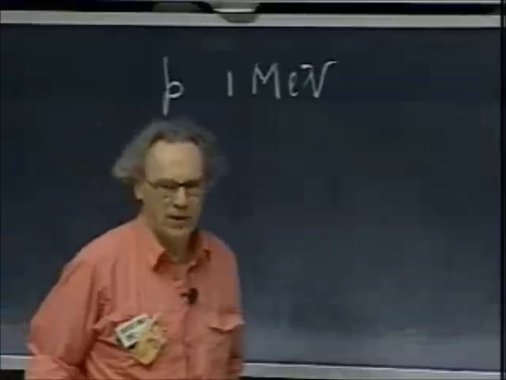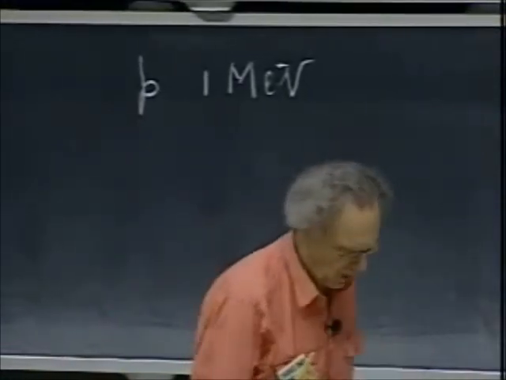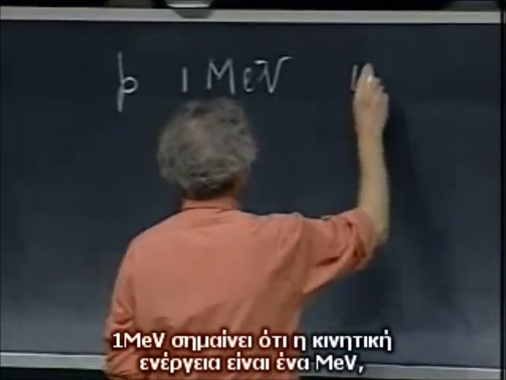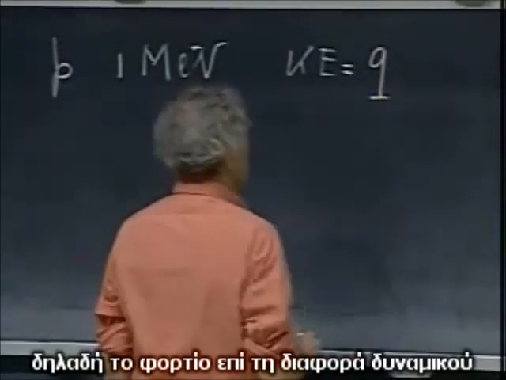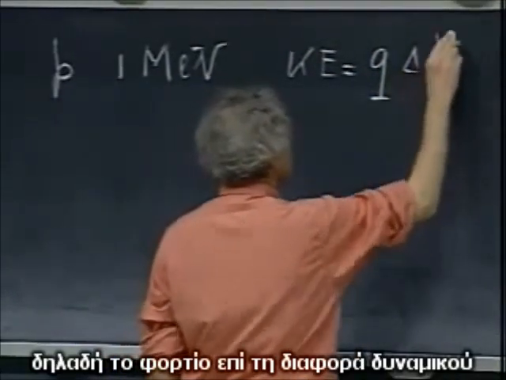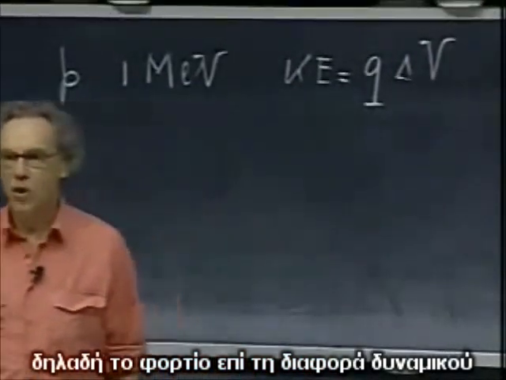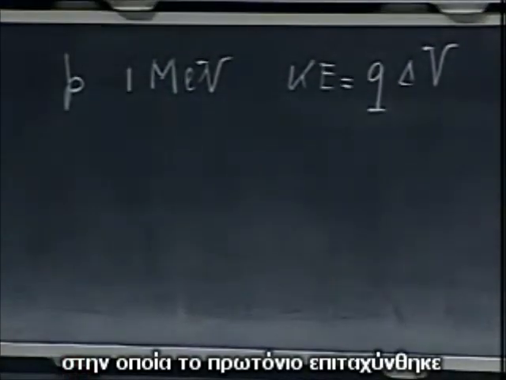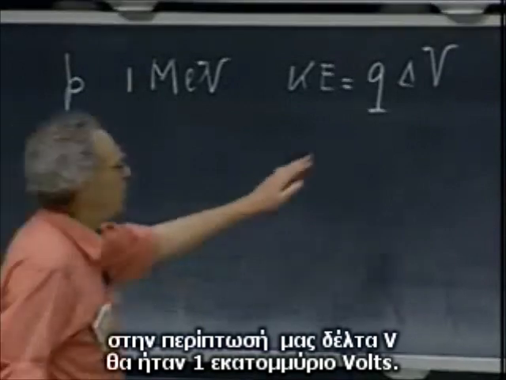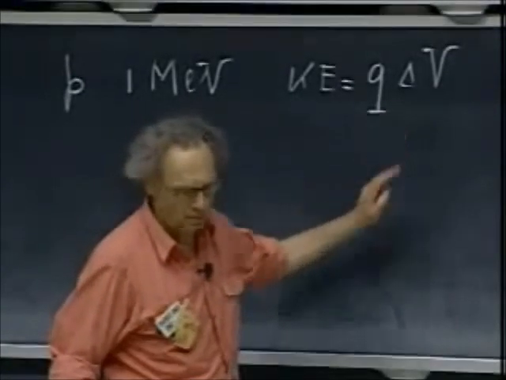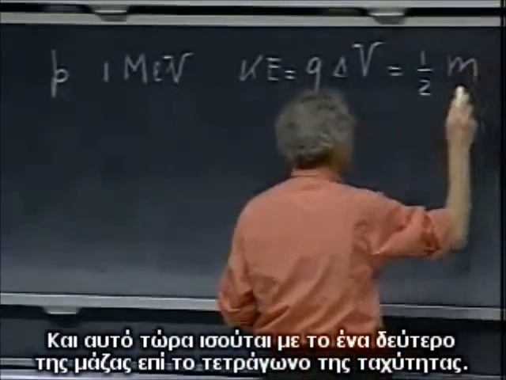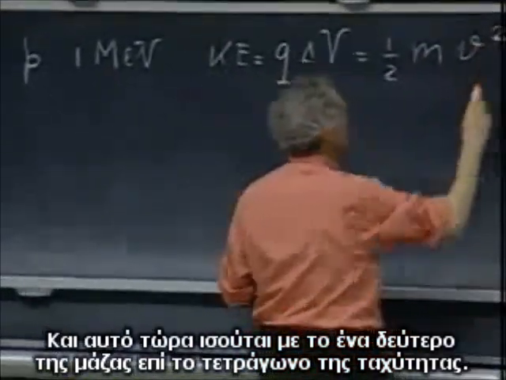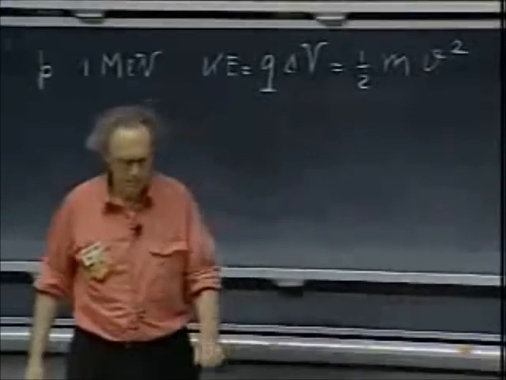The same I took during my test review. 1 MeV means that the kinetic energy is the charge times the potential difference over which this proton was accelerated. In this case, delta V would be 1 million volts. And this now equals 1/2 times the mass of that proton times the velocity squared.